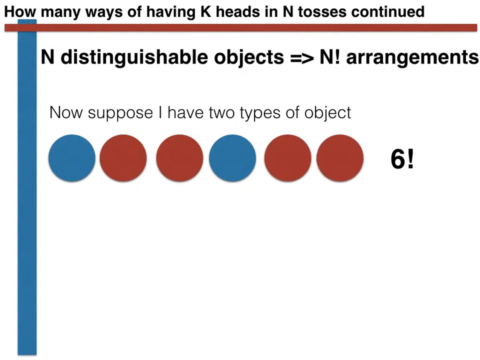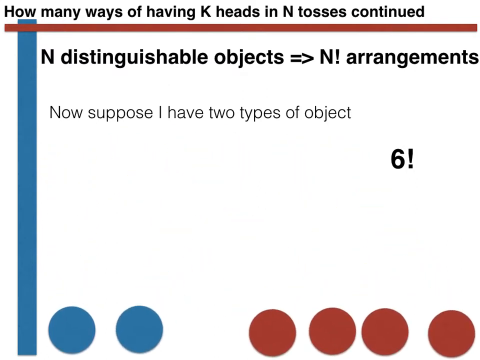Help is at hand, however, as we can use the rule that we have learned to calculate the number of identical ways there are of arranging the 4 red circles in this sequence. Furthermore, we can also count the number of identical ways there are of arranging the 2 blue balls in this sequence. In particular, there are 2 factorial identical ways of arranging the 2 blue circles in any given sequence, and 4 factorial ways of arranging the 4 red circles in any given sequence.